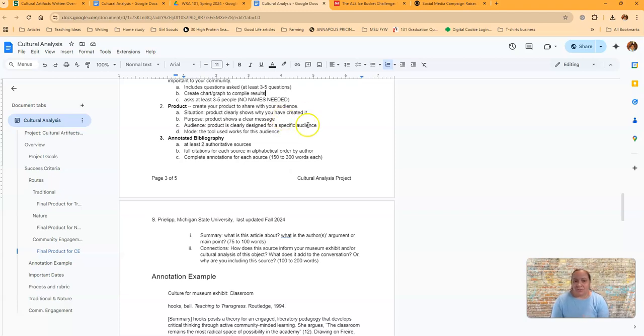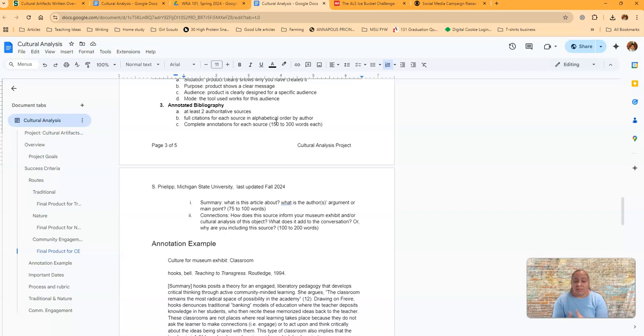So it's really open in that your product could be a social media campaign, it could be a short TikTok video, it could be whatever will be something that would actually reach the community that you're trying to reach.